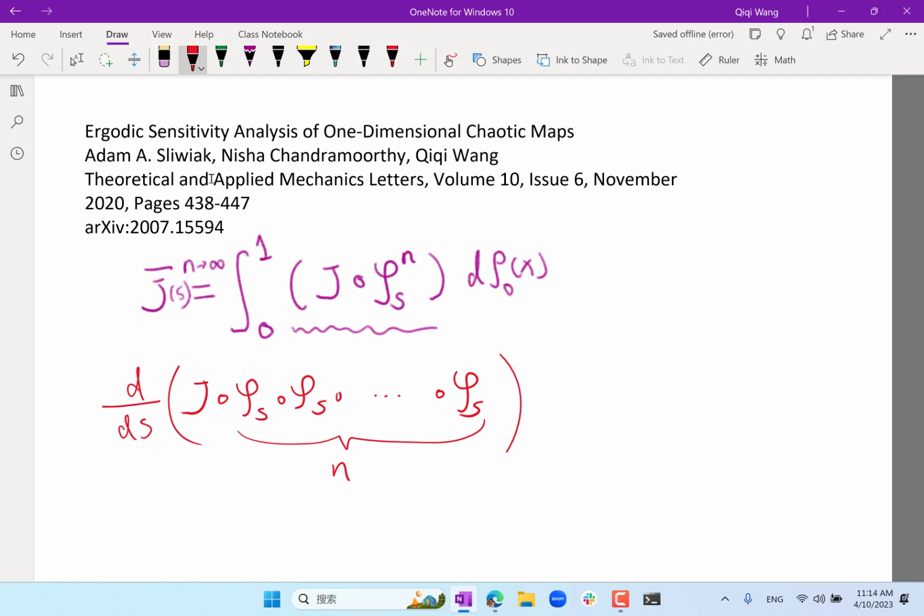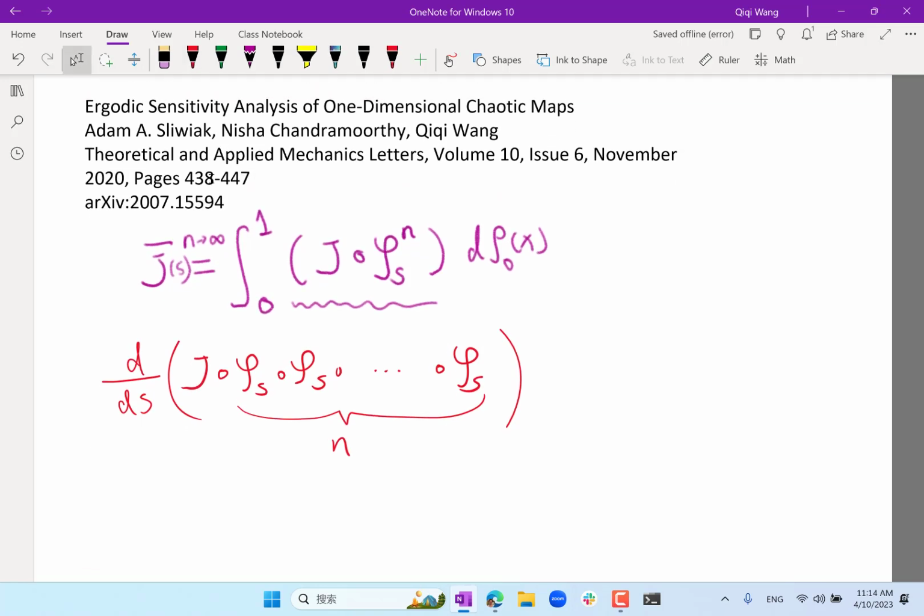Well, if you know the basics of differential calculus, you should know that when I have n plus 1 functions composed with each other, and n of them are functions of s, this derivative can be written as a sum of n components. Each component is the result of perturbing only one of these functions that depend on s, right?